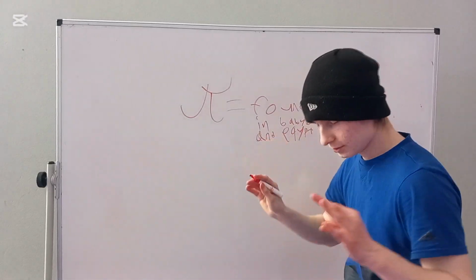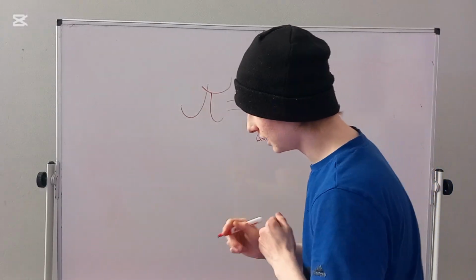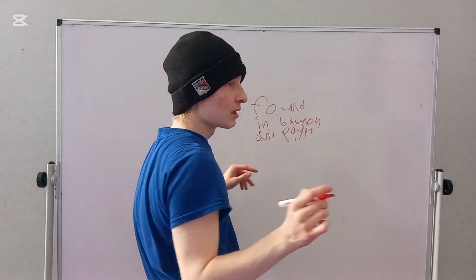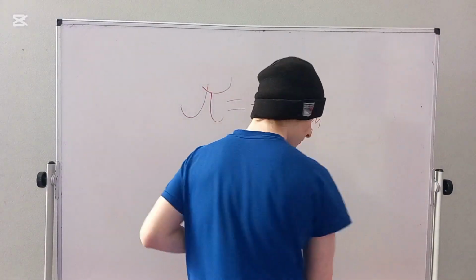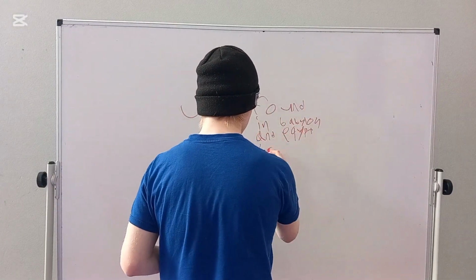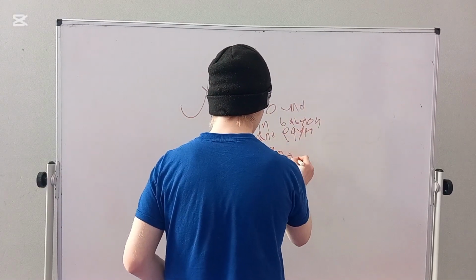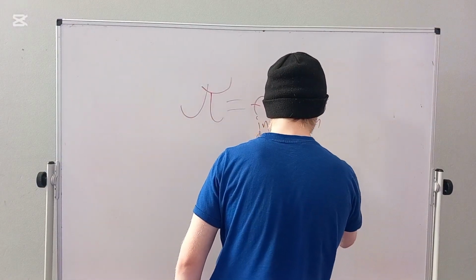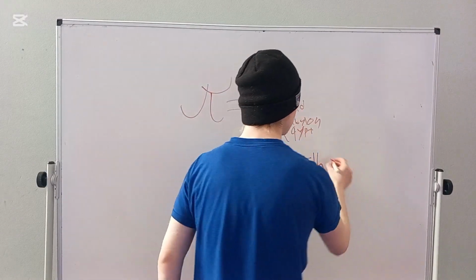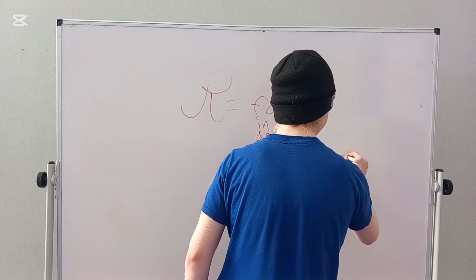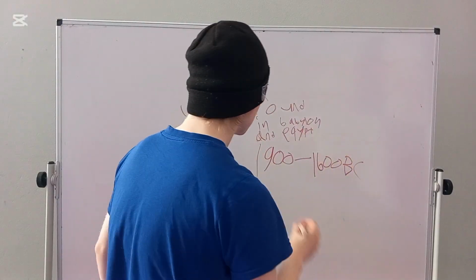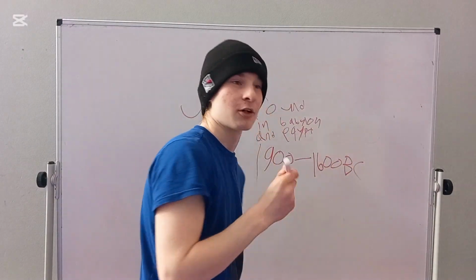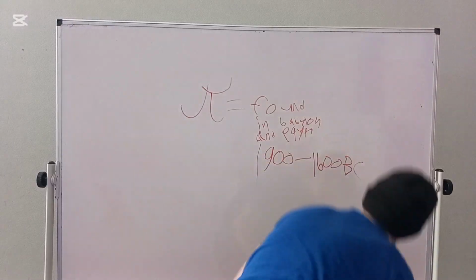So, take a guess what year that was. If you don't know, I will tell you. If I remember right, it was 1900 to 1600 BC, before Christ. So it's older than you and me and Christ. It's older than any of us.